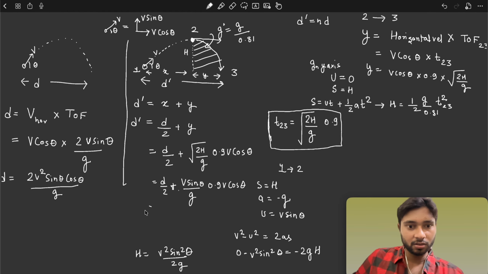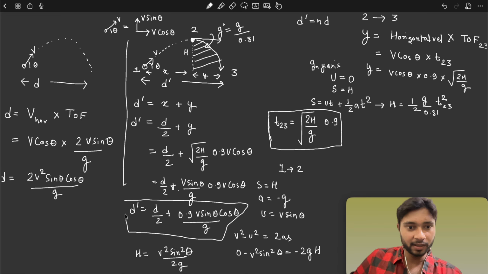Now this is quite simple. D dash is d by 2 plus 0.9 v square sin theta cos theta divided by g. Sorry for not managing the space properly. So this is the equation which we have.